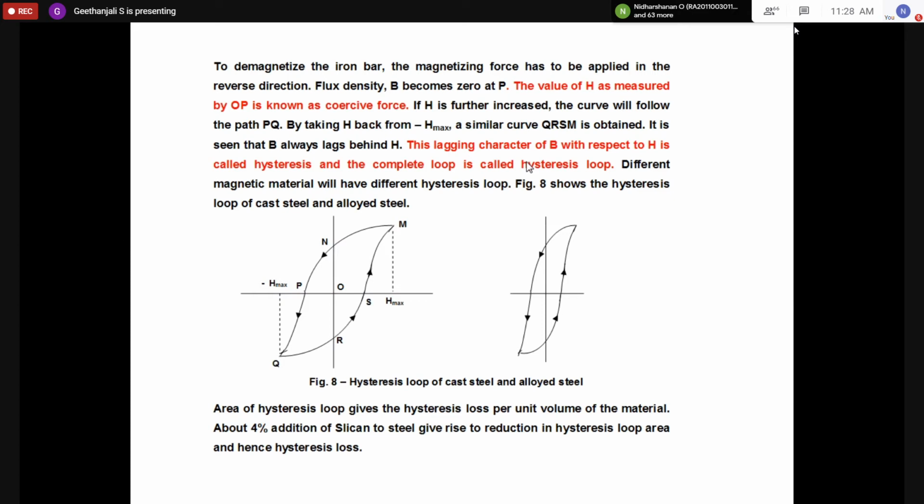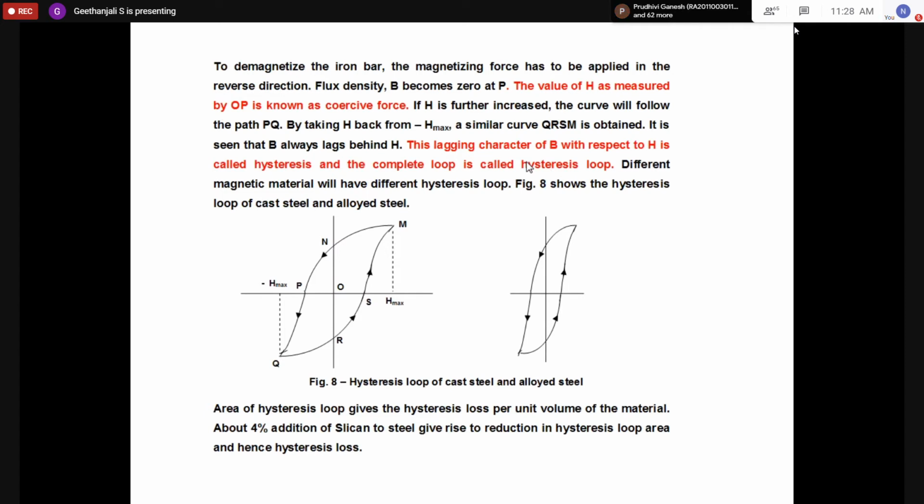So if the loss is more, we can conclude that the loop area will be more. So how can we reduce the hysteresis losses? By choosing the material which has a high relative permeability.